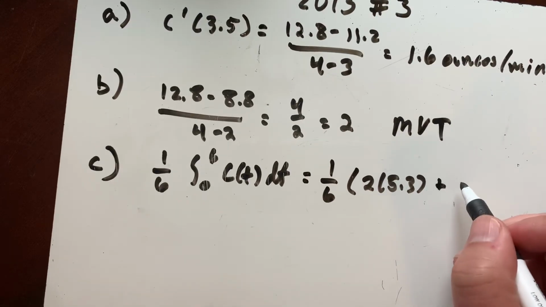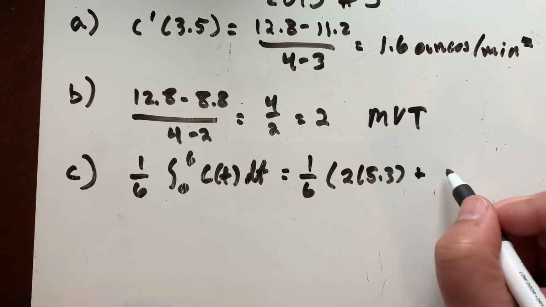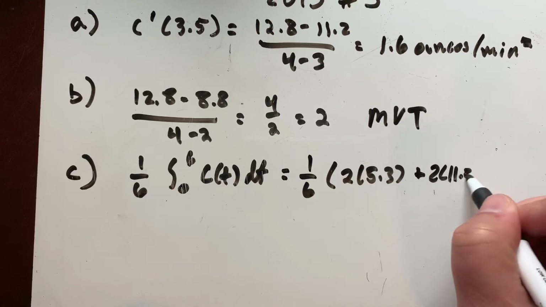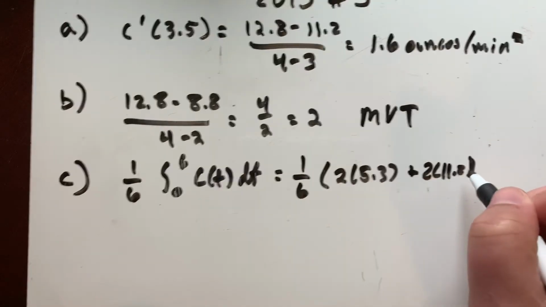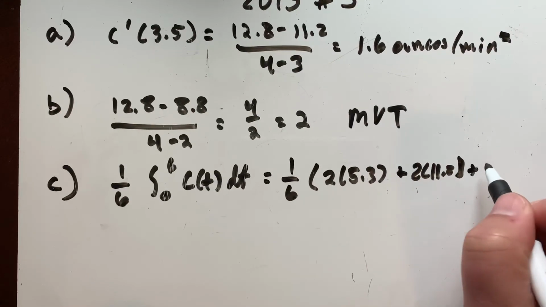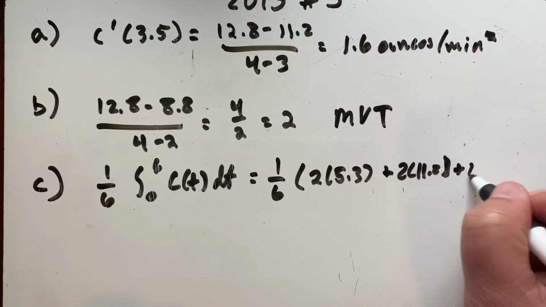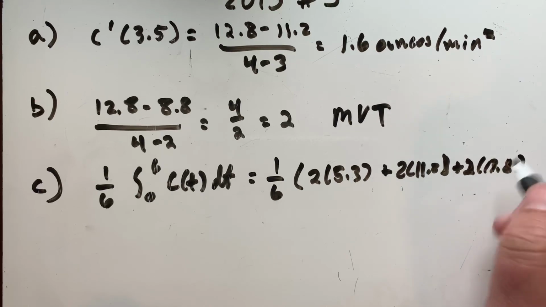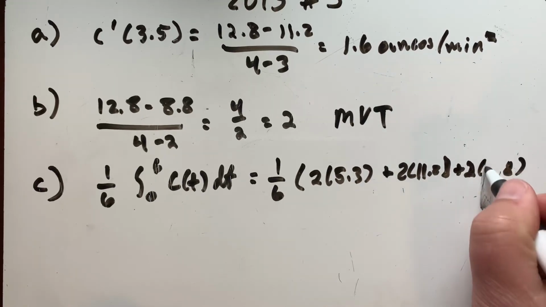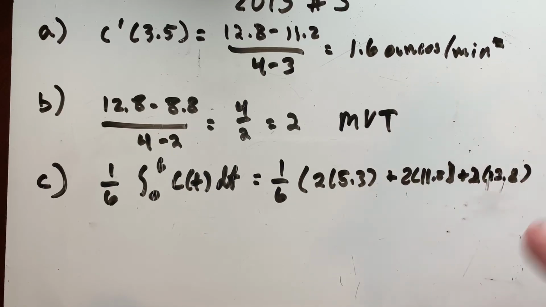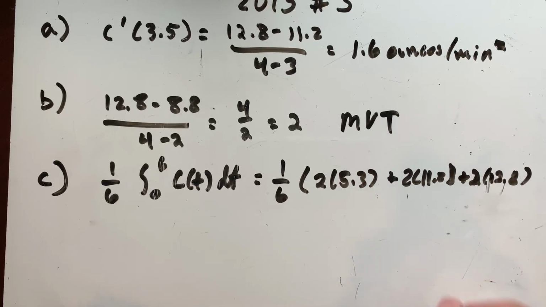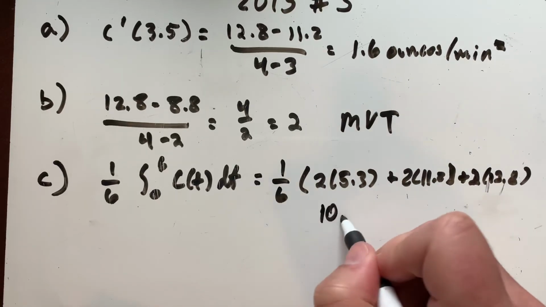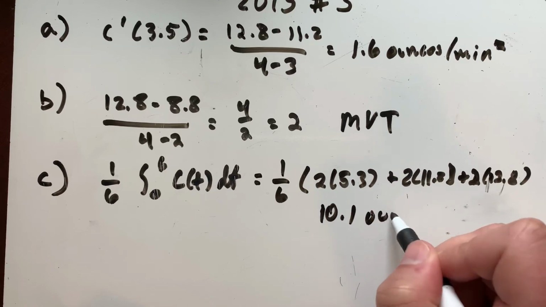Plus 2 times 11.2, plus 2 times 13.8. And when you do that, you're going to end up getting 10.1 ounces.